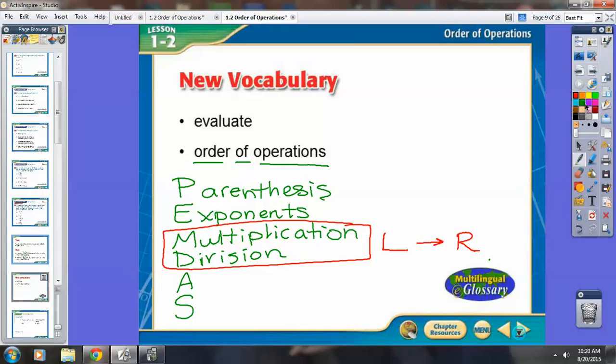What does the A in PEMDAS stand for? Addition. And S? That's subtraction. It's closely related to that addition, isn't it? Have you guys heard of inverses before? You heard that term? Inverses? Addition and subtraction are inverses. Multiplication, division are inverses. They undo each other. One undoes the other.